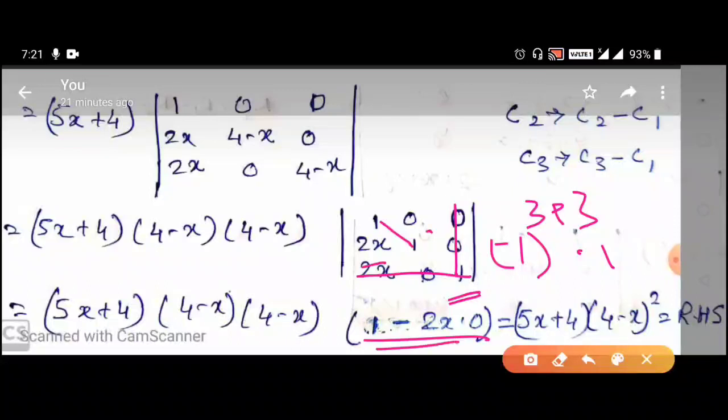Minus 1 to the power 3 plus 3 is minus 1 to the power 6, so from here we will get plus 1 into plus 1 plus 1. And from this element we will get 1. So our answer is (5x plus 4) into (4 minus x) whole square.